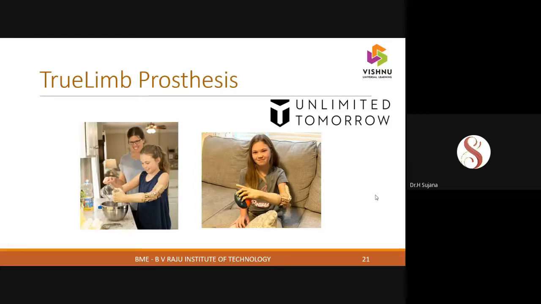Based on the instructions, you 3D scan the stump and send it back to them. They prepare the sockets, and the sockets are sent back to the user. You wear the socket and a video evaluation is done with the clinical team. And if it is comfortable and fits really well, you say, okay, fine, this is the final socket I'm going to have.